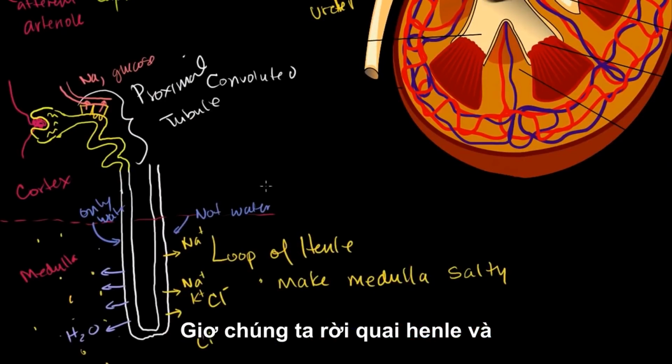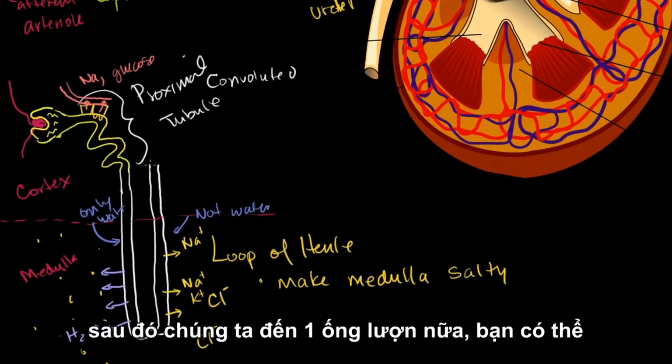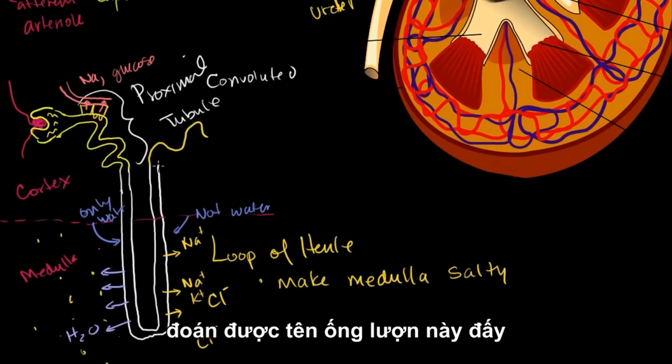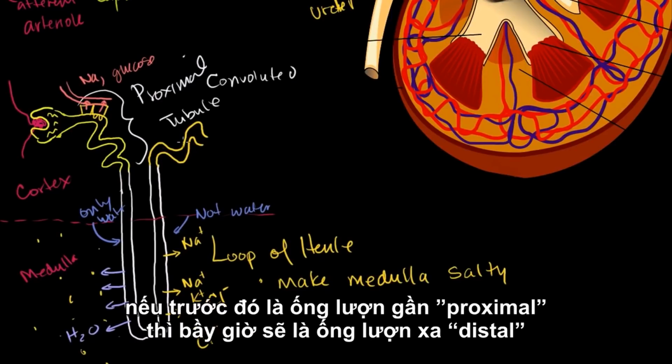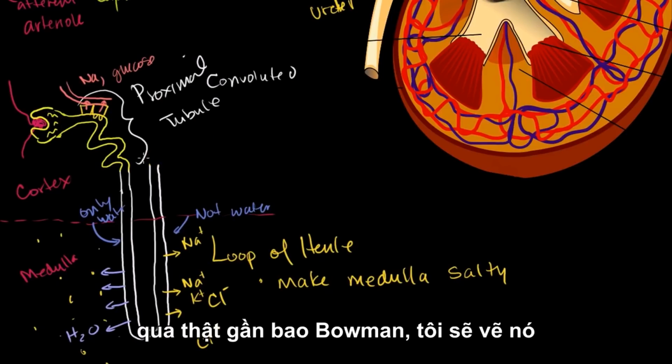So then we leave the loop of Henle, and then we're almost done with the nephron. Then we're in another convoluted tubule, and you might even guess the name of this convoluted tubule. If this was the proximal one, this is the distal one. And actually, just to make my drawing correct, it passes very close to the Bowman's capsule.